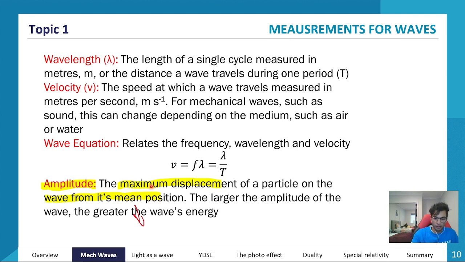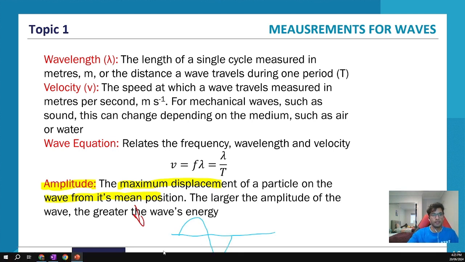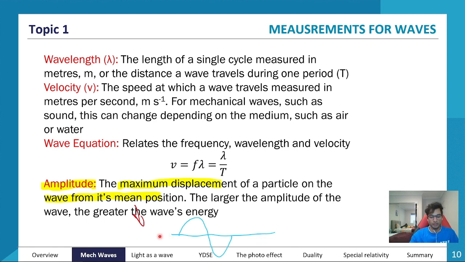So if I draw a quick wave, the mean position is this x-axis. The amplitude is the maximum displacement from this x-axis to the top. So the amplitude is this. If you remember back to EMF stuff, that's like your peak voltage.